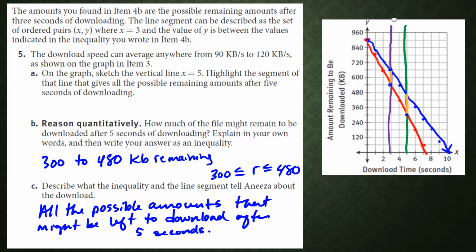So it might be more than halfway done, or maybe not, depending on if it was going at its fast speed or its minimum speed.